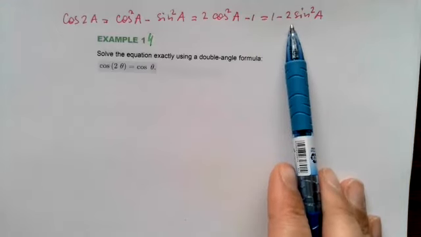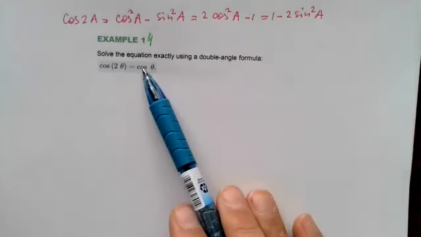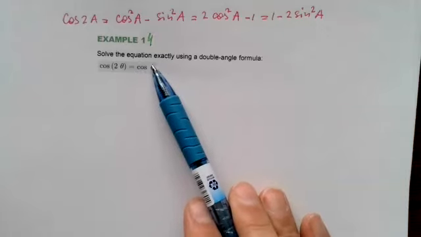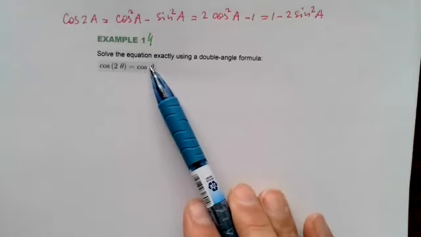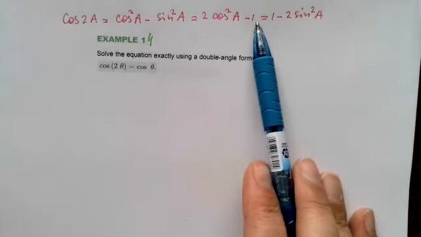Now, out of these three possibilities, I'm going to choose the one that has the same function that's on the right side of this equation, because I think that's going to be the easiest to solve. So I'm going to choose 2 cosine squared A minus 1.